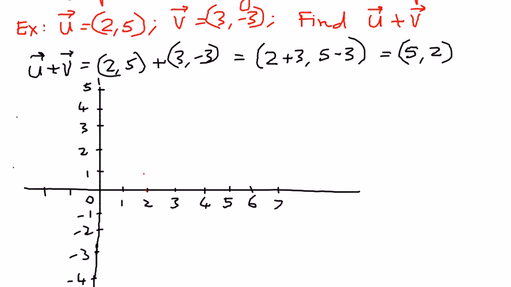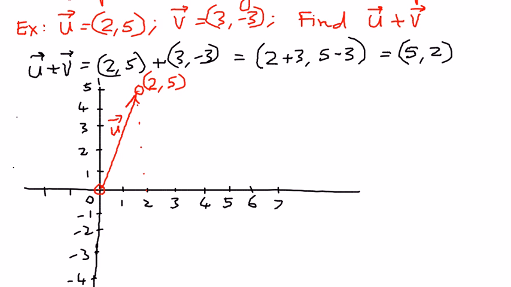So 1, 2, 3, 4, and 5. So this is the point we want to be. This one here starts from the origin and then ends at that point. So this is a vector, and this is 2, 5. That is 2, 5, and this is vector u.